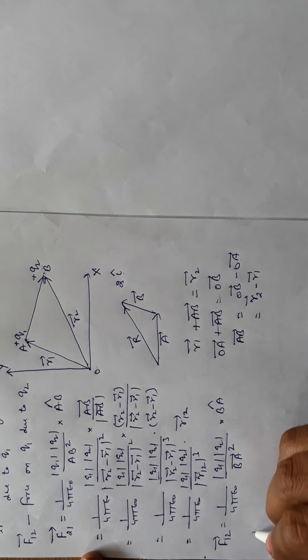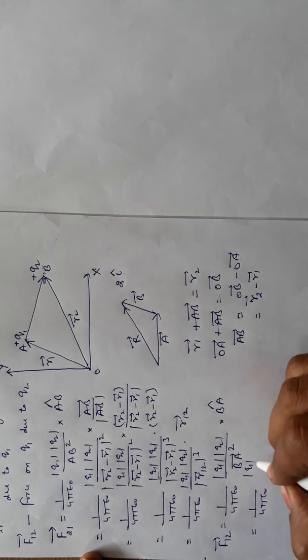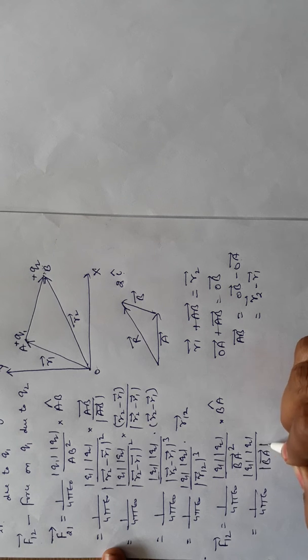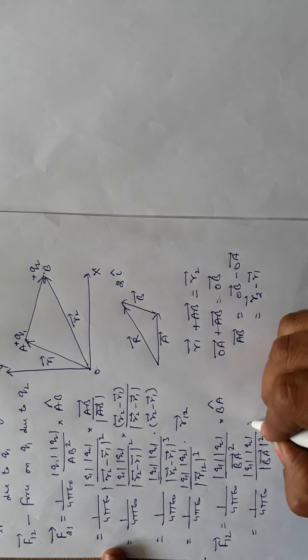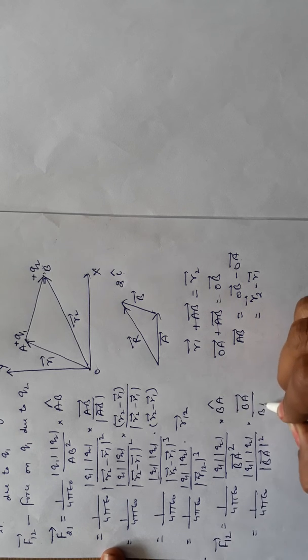Right. So now it becomes 1 by 4 pi epsilon naught mod Q1 mod Q2 upon BA square. The square of any vector is the square of its magnitude, so we can write it as mod BA square, and we can write the unit vector as BA vector upon the magnitude of BA.